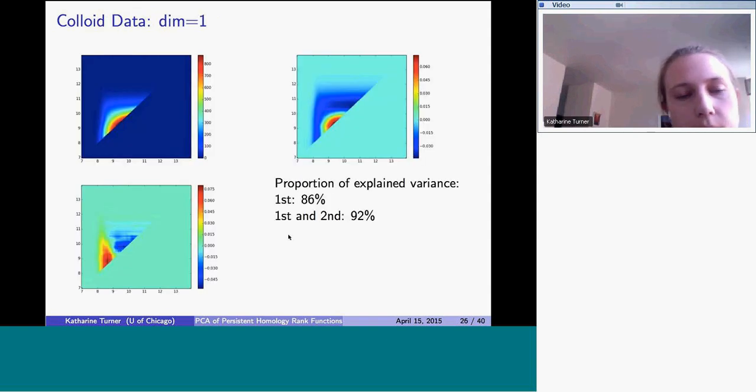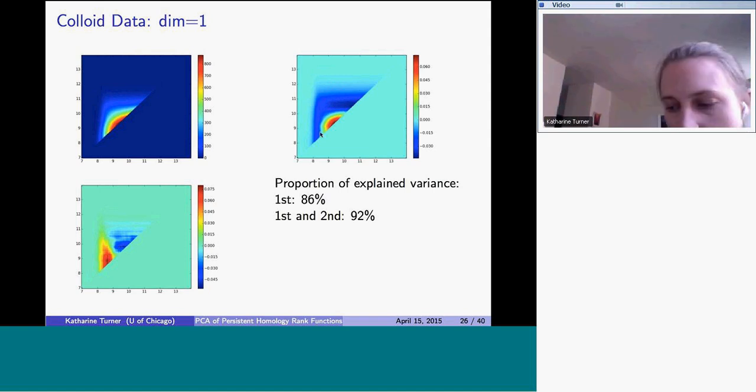So I've got some pictures here, just looking at H1, so dim equals 1 just says I'm looking at H1. The first picture on the top left is the mean. You're getting this sort of shape of increasing as you go down. The top right is the first principal component weight.